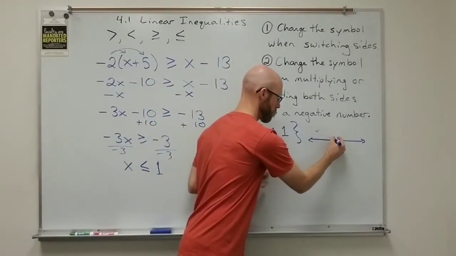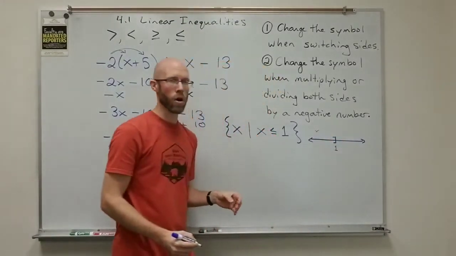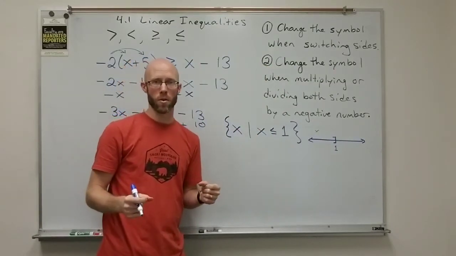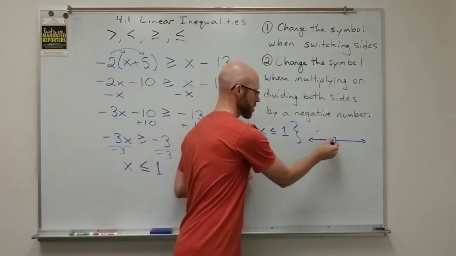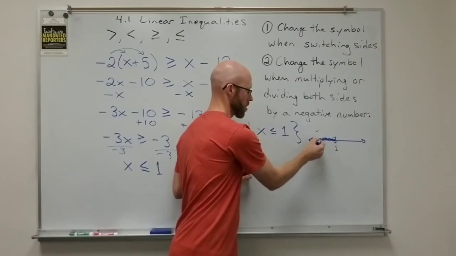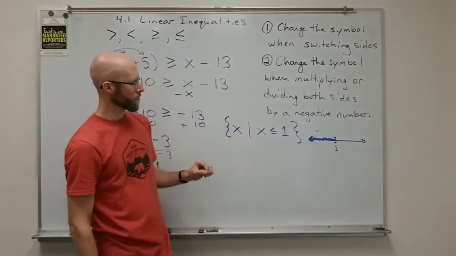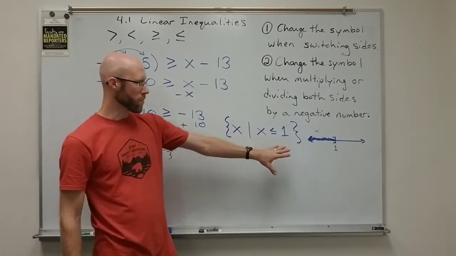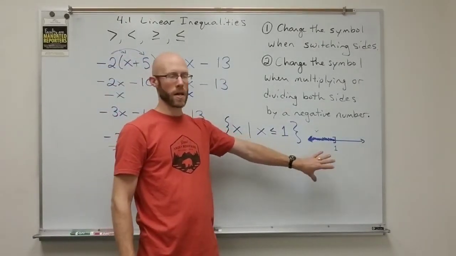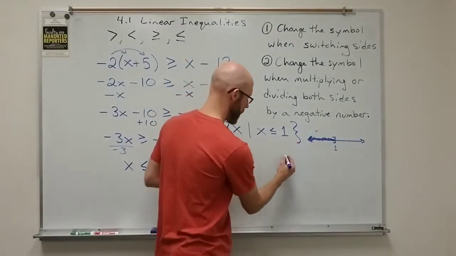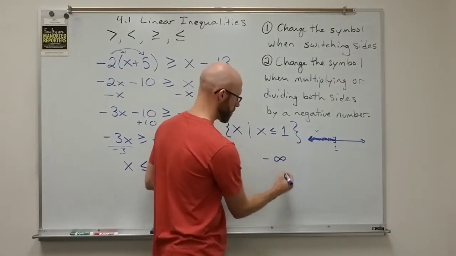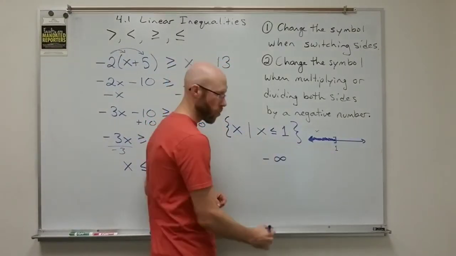So I'm going to use a bracket on the 1. We learned this back in chapter 1 when we dealt with intervals and inequalities a little bit. So we're going to shade to the left here. And so that helps me to visualize what my interval form is. My interval form is going to have a left endpoint at negative infinity and a right endpoint at 1.